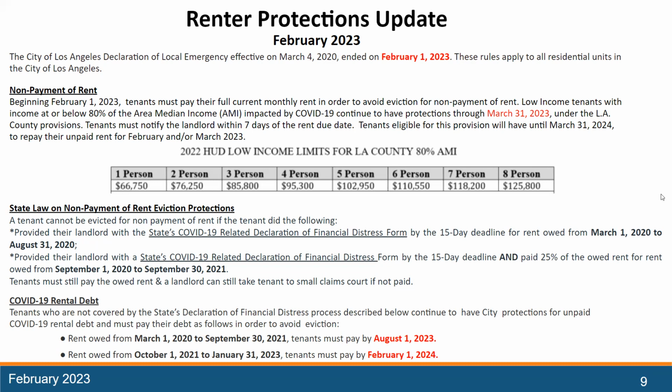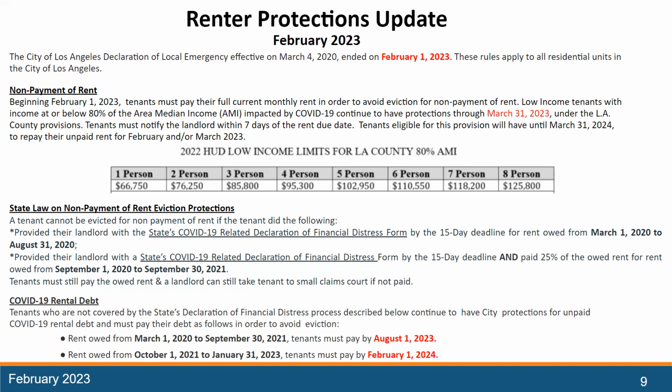So in that first header, we'll go over non-payment of rent. Given that the local emergency period ended, beginning February 1st, 2023, tenants must pay their full monthly rent in order to avoid eviction for non-payment.